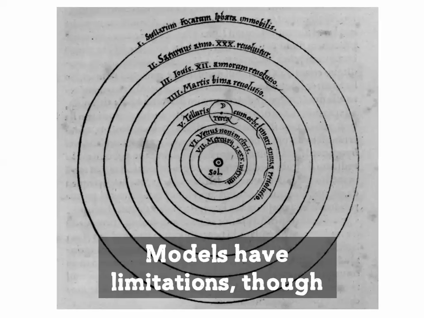This led to some pretty crazy ideas until Copernicus came along and made this model of the solar system, which you see. But as you can see, he gave all the planets perfectly circular orbits, which still isn't quite true. Models have their limitations where sometimes maybe they aren't 100% accurate, but they can always be changed.